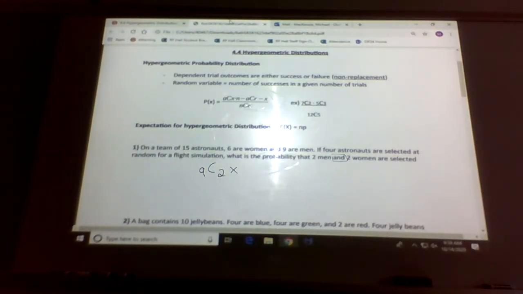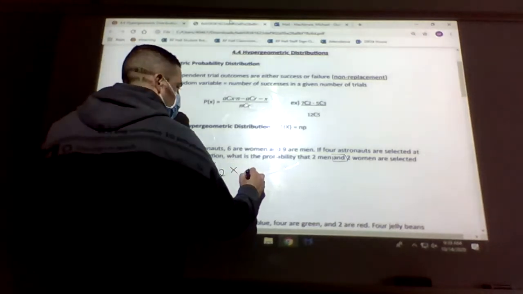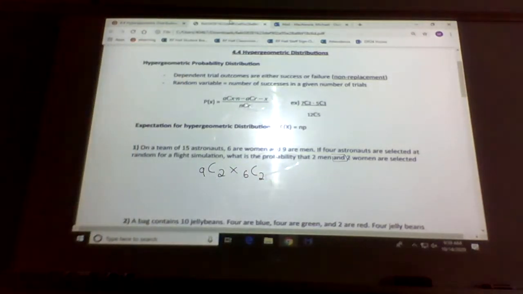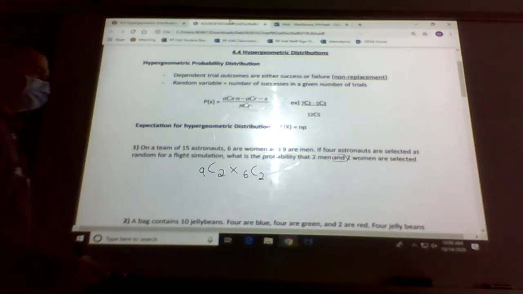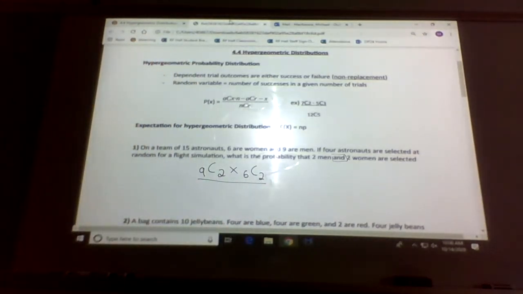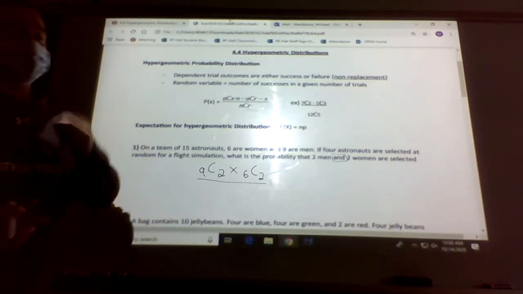Now the women. How many women do we have? 6, and we're choosing 2 of them as well. So we did something like this in chapter 3, the number of ways that occur. Now the bottom is the total number of ways it can occur.